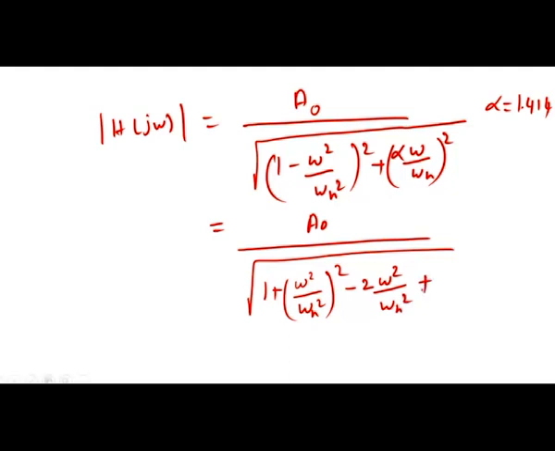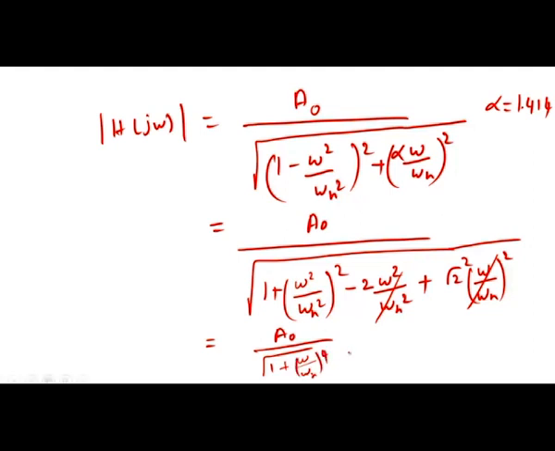Here alpha is root 2, so root 2 squared, and omega by omega h the whole square, you will have these two terms getting cancelled out, and finally you have A naught by the root of 1 plus omega by omega h the whole power 4, and this is generally written as the root of 1 plus omega by omega h the whole power 2 into n.